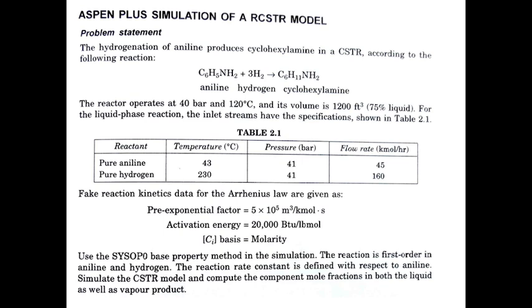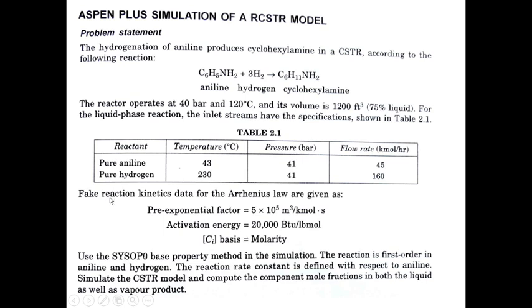This is the inlet feed specification. The reactants are pure aniline and pure hydrogen, entering at 43 degrees and 230 degrees Celsius respectively. The pressure of each stream is 41 bar and the flow rates in kilomole per hour are 45 and 160.